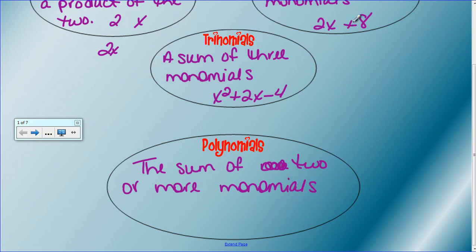And so a binomial and a trinomial are also polynomials. They just have special names. Anything after that no longer has a special name. It's just a polynomial. The one you are going to see the most often is a trinomial. We'll deal with that more than anything else. So those are our definitions. Monomial is 1, binomial is 2, trinomial is 3, and then a polynomial is 2 or more of them. So let's do some practice.